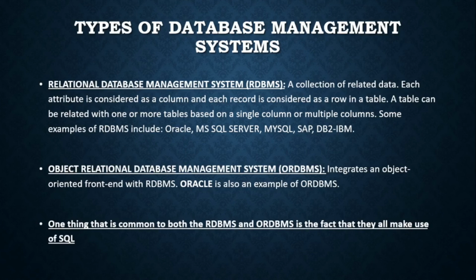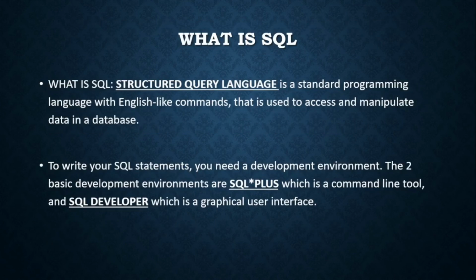But one thing is common to both the Relational Database Management System and Object Relational Database Management System. And that common thing is the fact that they both make use of SQL. And this is what we are here to learn in this course. So what is SQL?